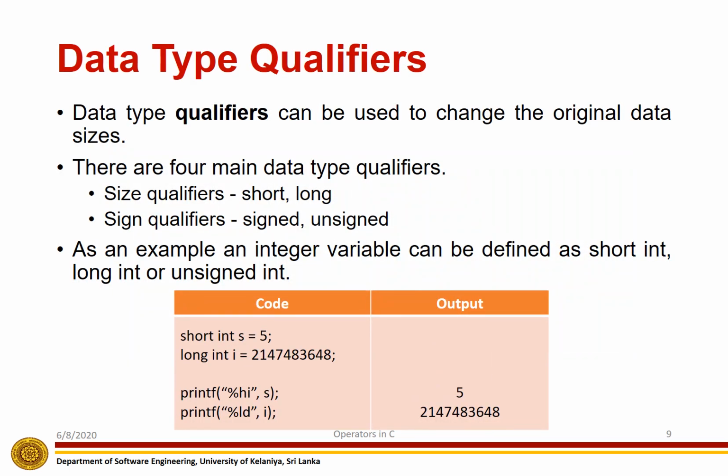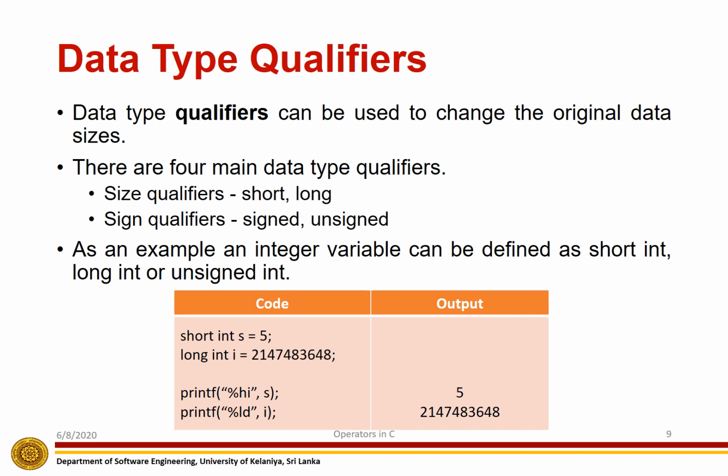So I have mentioned 4 main data types earlier: int, char, float and double. The C language has something called type qualifiers which you can apply to those basic data types to get some more types. It can be used to change the original data type in sizes. Mainly there are two types of qualifiers.